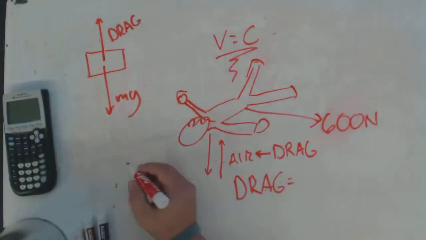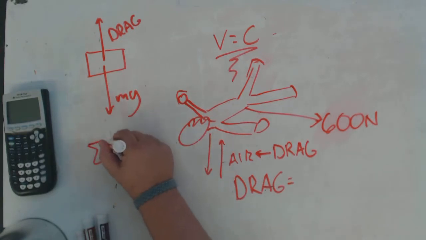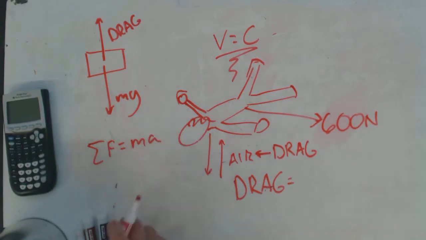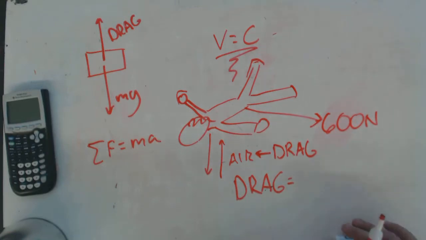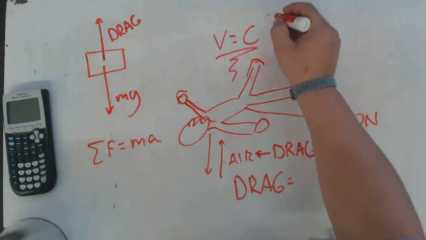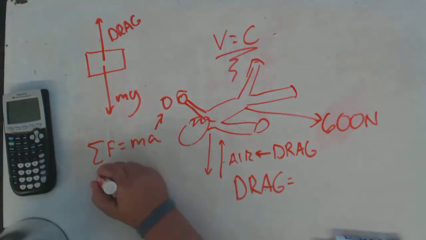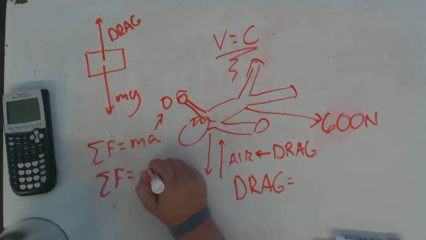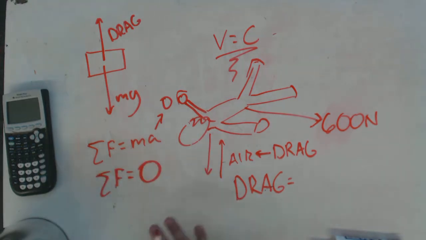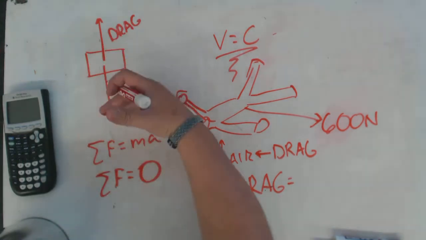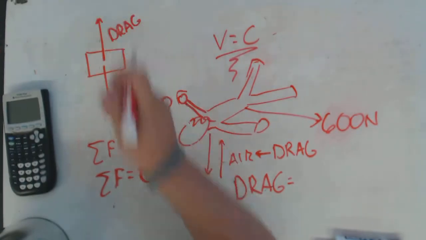I go to Newton's second law really quick, say the sum of the forces is equal to mass times acceleration. By definition, it's in terminal velocity. The acceleration equals 0, and so the sum of the forces equal 0. The system's in balance, which means that all my downward pointing vectors have to equal all my upward pointing vectors.